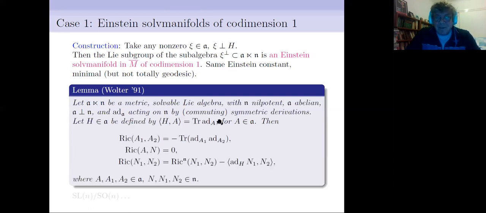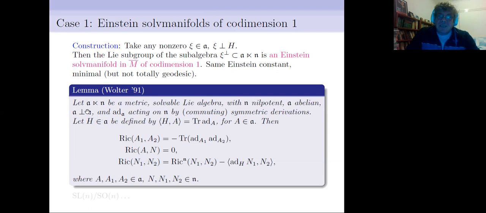And here I have the trace of ad A, sorry Ivan, for this type on the previous slide. So we are given a metric solvable Lie algebra, n is nilpotent, the radical, A is abelian, and it acts on n.